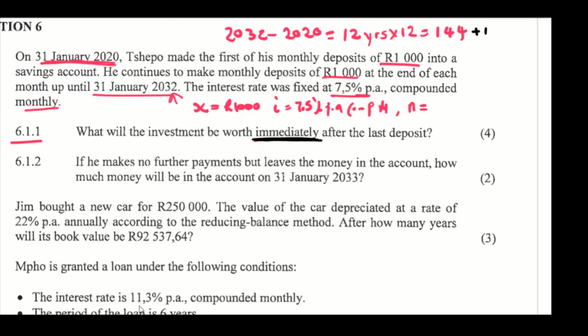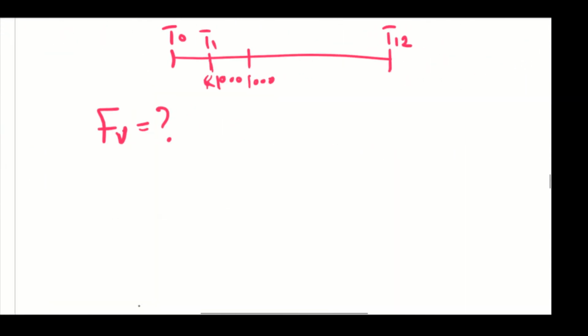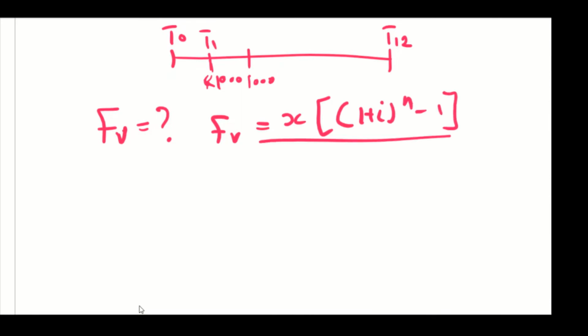What we will do is use the future value annuity. So we're going to say FV is equal to X into 1 plus i to the power of n minus 1, and we know that investments of 1,000 are put into the account.